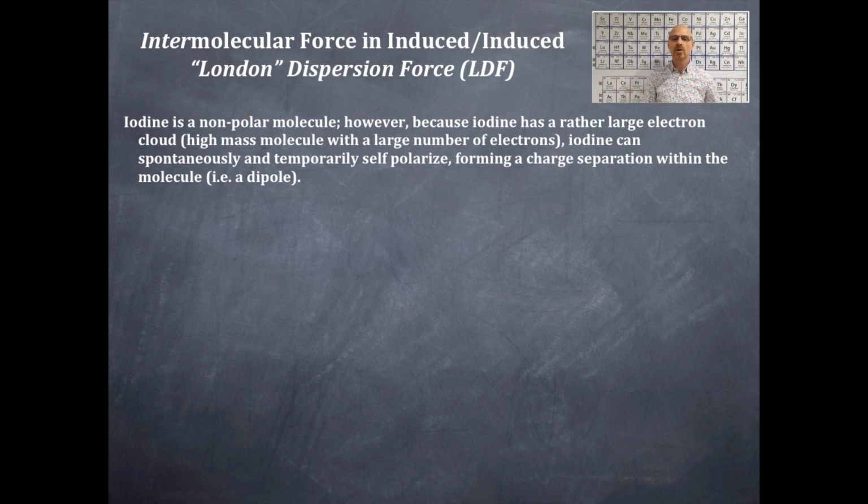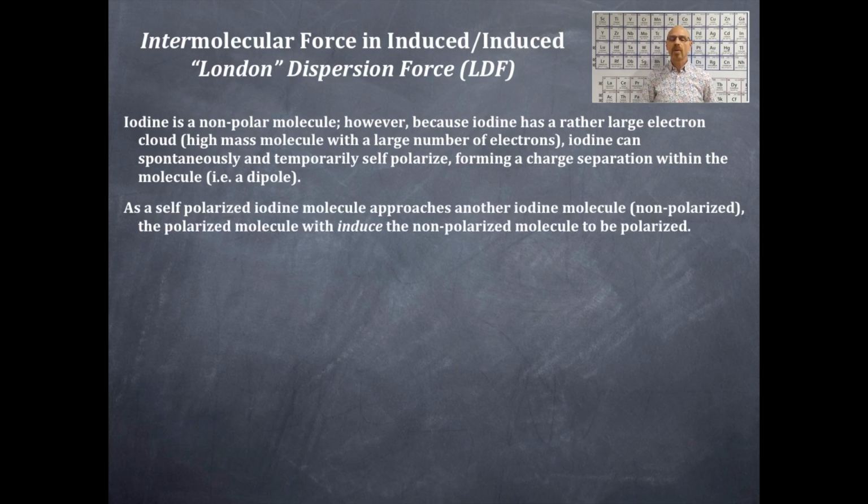Iodine is a non-polar molecule. However, because iodine has a rather large electron cloud, that is, it has a very large mass and a large number of electrons, consequently, iodine can spontaneously and temporarily self-polarize, forming a charge separation within the molecule, i.e., it has a temporary dipole.